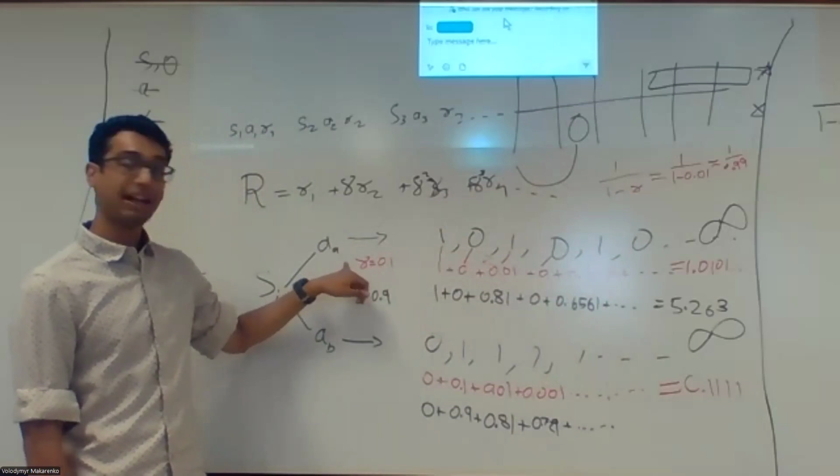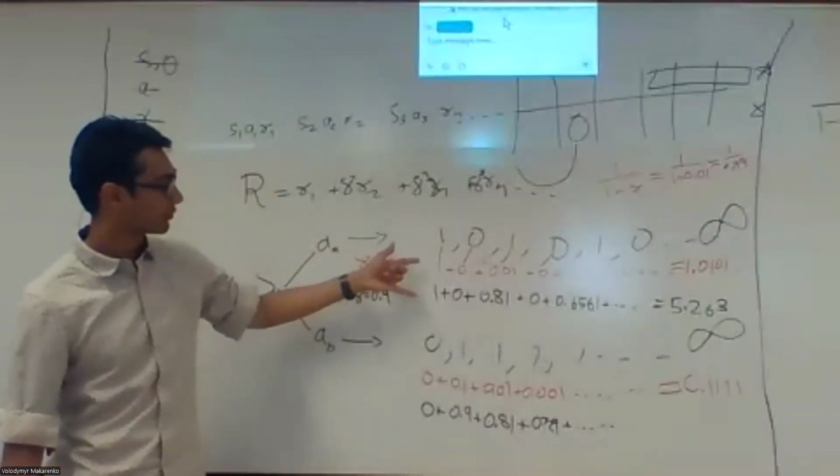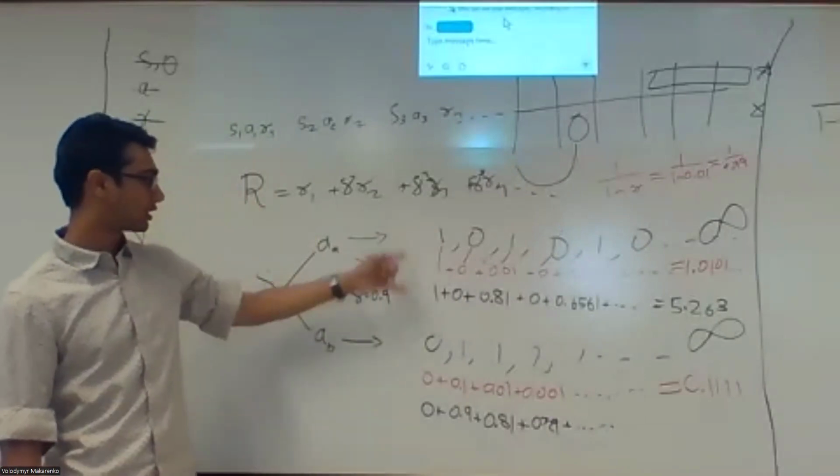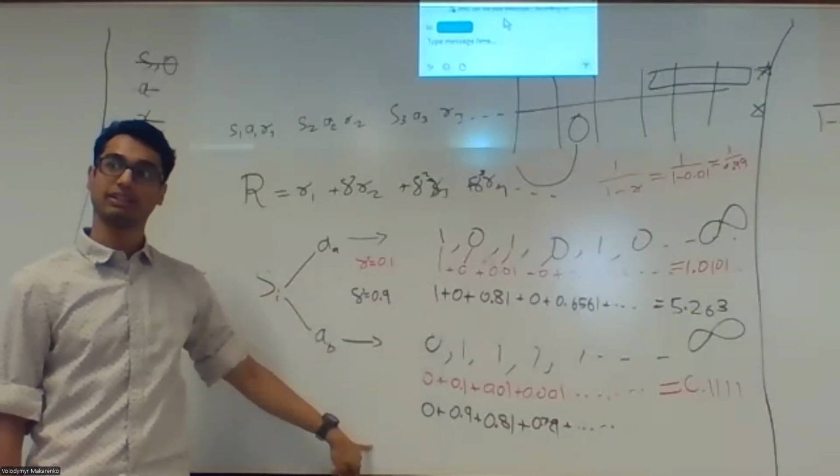If it's a low value, it considers the future less. The red ones are gamma of 0.1 and the black ones are gamma of 0.9.